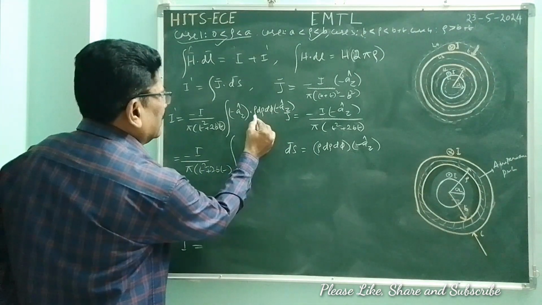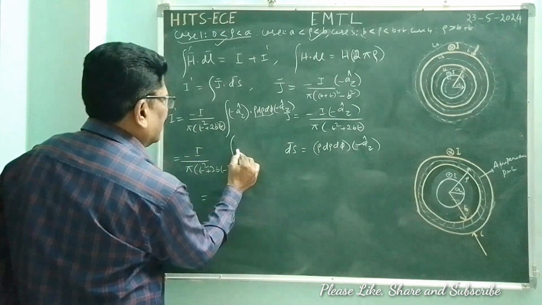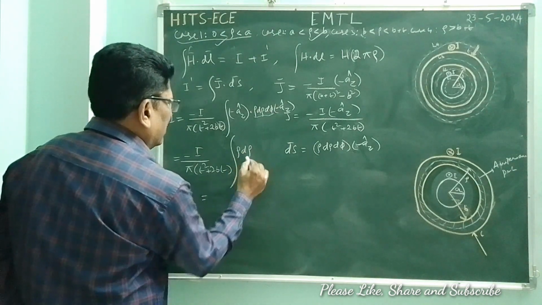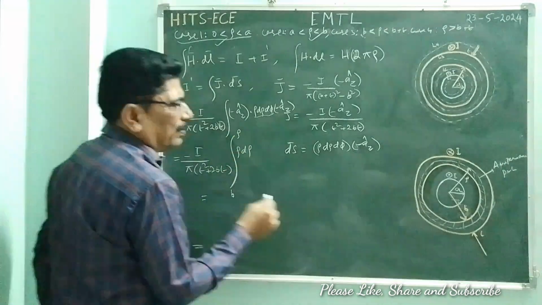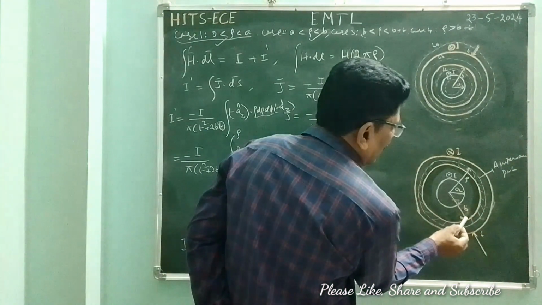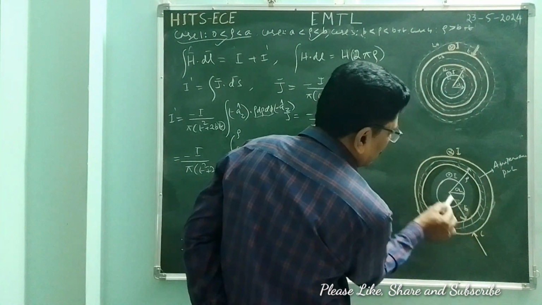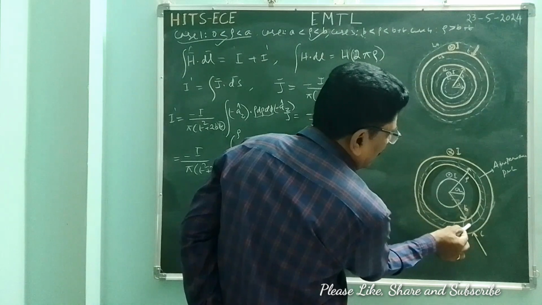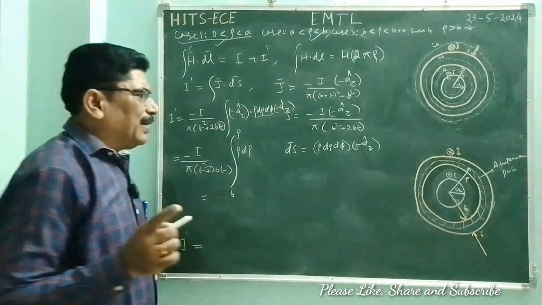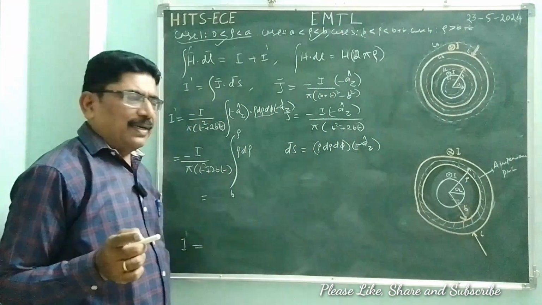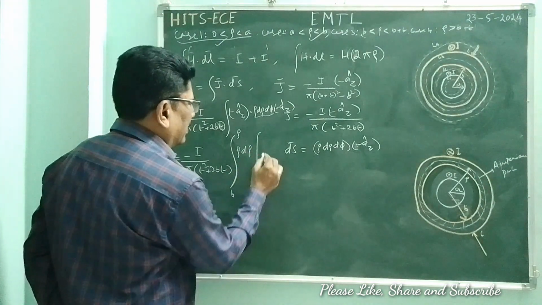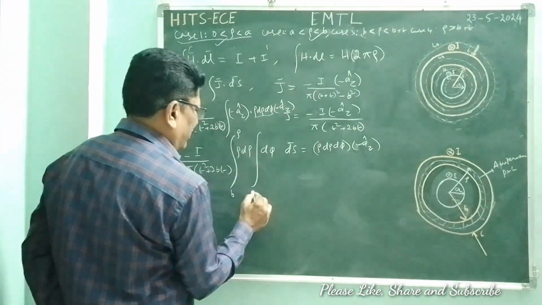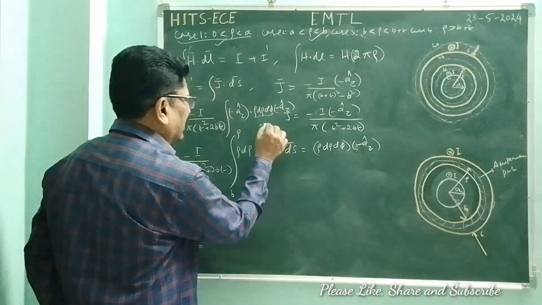So I am writing here rho d rho, integrating from b to rho, because the Amperean path is lying between b and b plus t, so it is up to the Amperean path. Amperean path radius is rho, so b to rho, rho d rho, and integral d phi from 0 to 2 pi. Let us integrate now.